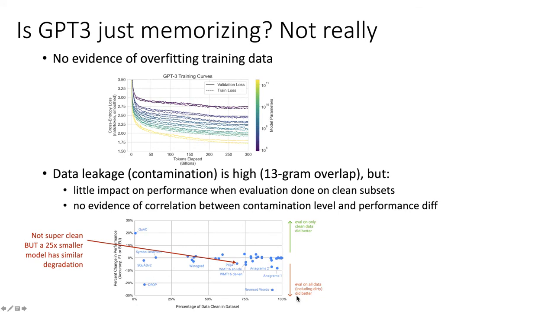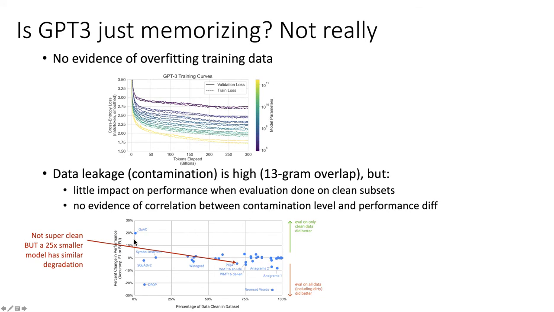So they plotted that on the x-axis here, or it's the 1 minus that, so it's how clean it is. If it's 100 here, it means it's totally clean. If it's 0 here, it means it's heavily contaminated.